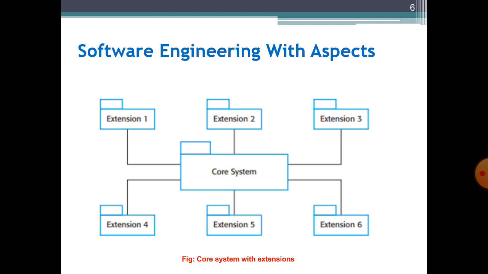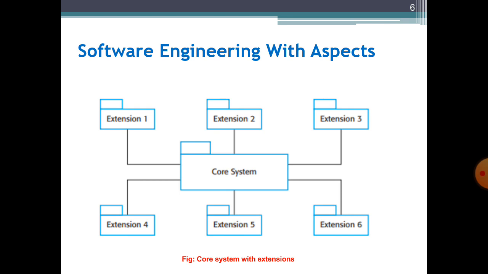I will also provide you a core system and extension diagram of the patient management system in a later lecture, but here you just need to understand the basic skeleton of aspects in software engineering, and how they are involved at the architecture or design level.